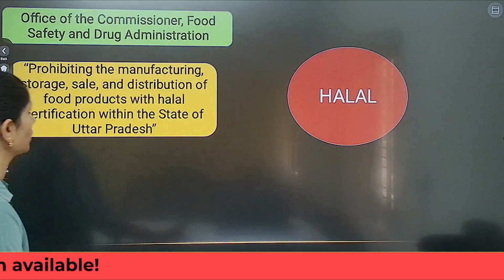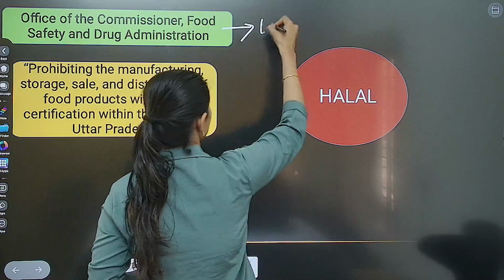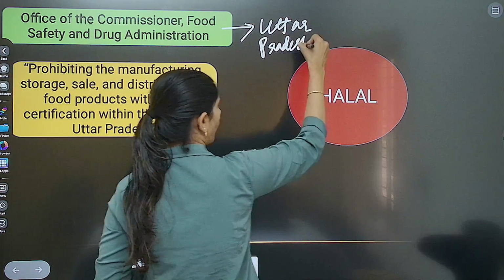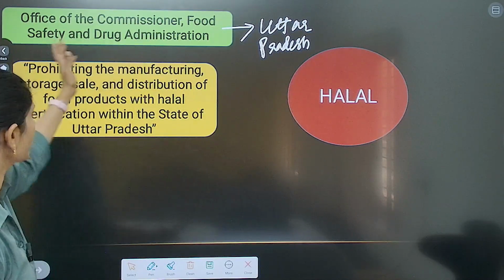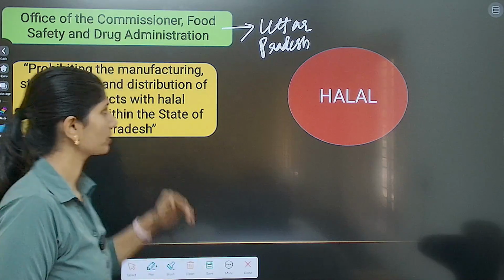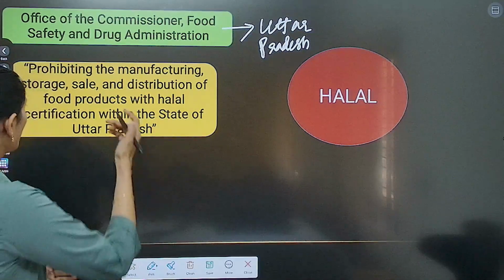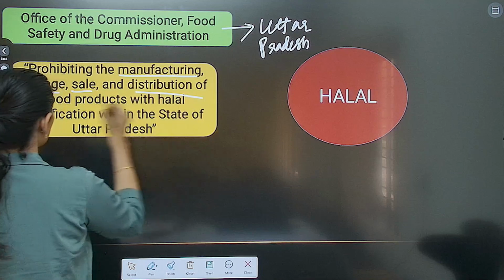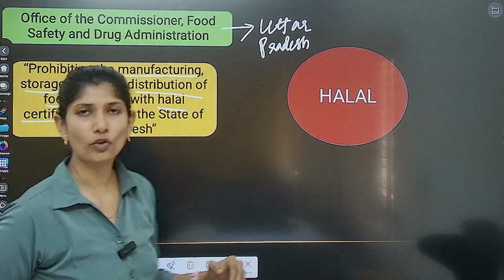First and foremost, look at this. In Uttar Pradesh, this topic came into the news because the Office of the Commissioner, Food Safety and Drug Administration in Uttar Pradesh has issued a notification wherein it prohibits the manufacturing, storage, sale and distribution of food products with halal certification within the state of Uttar Pradesh.